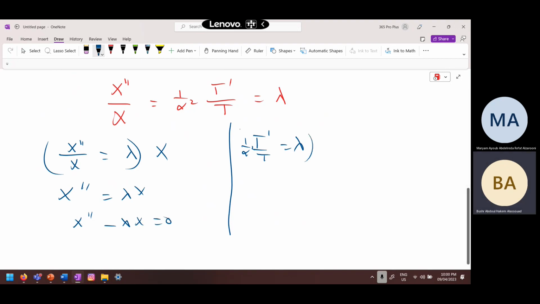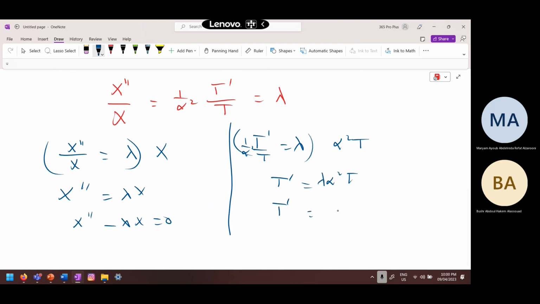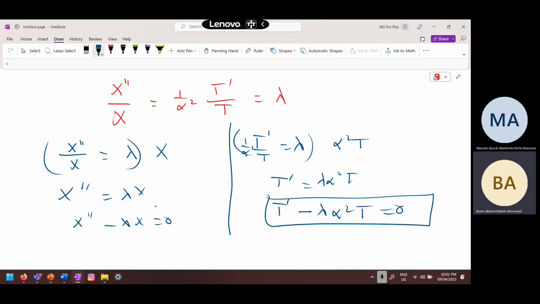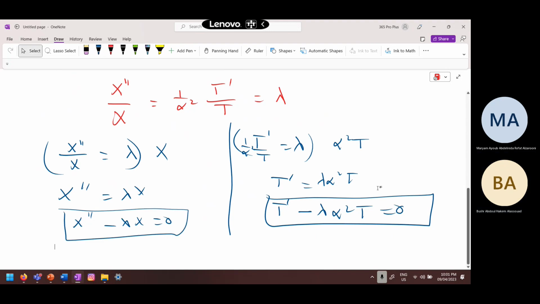As for this, you'll get T prime minus lambda alpha squared T equal to 0. Now these are the equations that we're going to operate on for our solutions.